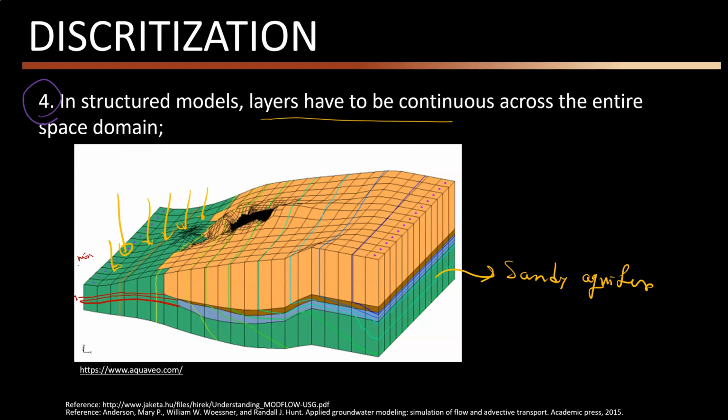You cannot have a very, very thin layer, but you can define a kind of thin layer, or there are some other tricks that you can use. But you don't have that problem using advanced MODFLOW-USG or an unstructured system.